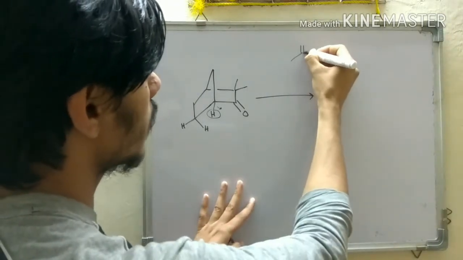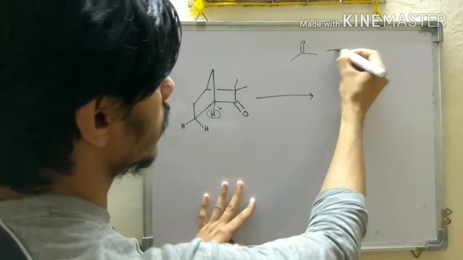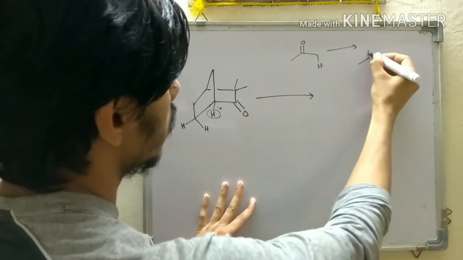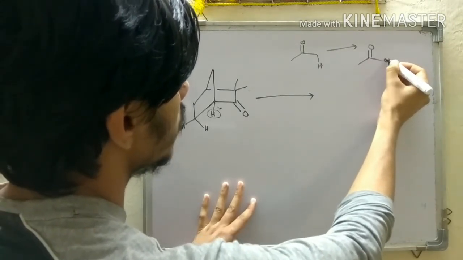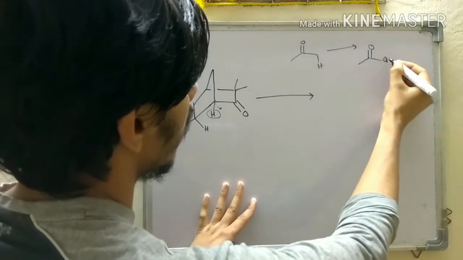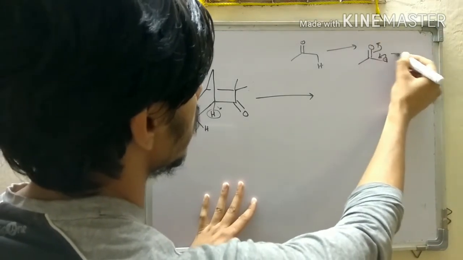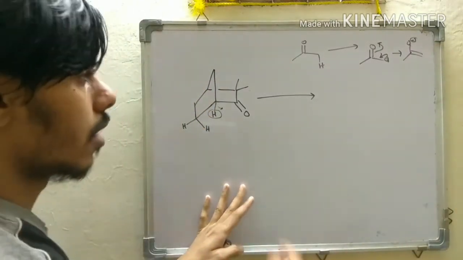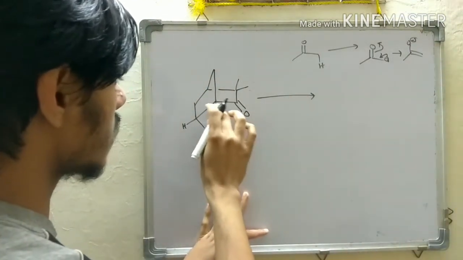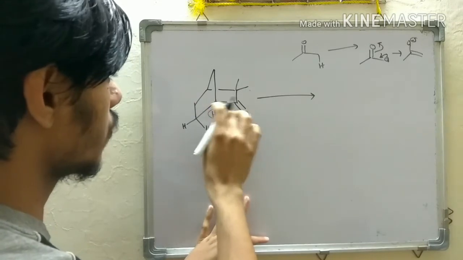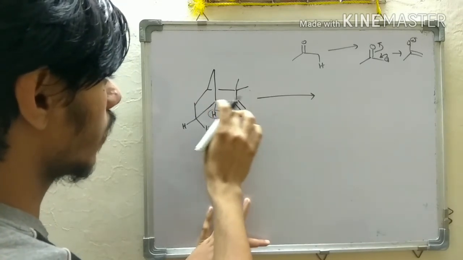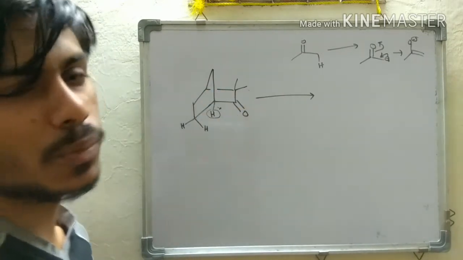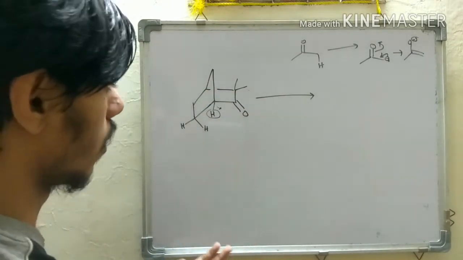Let's say you have a molecule of acetone. These alpha hydrogens are acidic because the negative charge developed here can be stabilized through resonance. But in this case, this hydrogen is not acidic because if you draw the same type of enolate here, that is impossible, because this is a bridgehead position, and at a bridgehead position you cannot get a double bond.